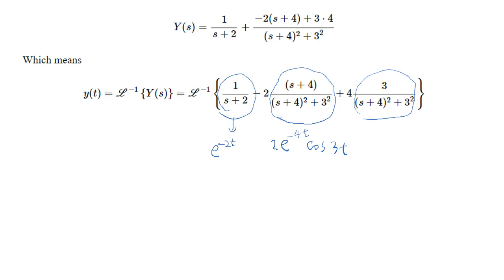This 3 comes down here. 4 becomes negative 4. And this one here is plus 4. 3 and 3. If these two match, then it's e to the negative 4t sine of 3t. Okay? So that's your y of t. That's the final answer. And this answer was easily obtained just because of the way we did the partial fraction expansion.